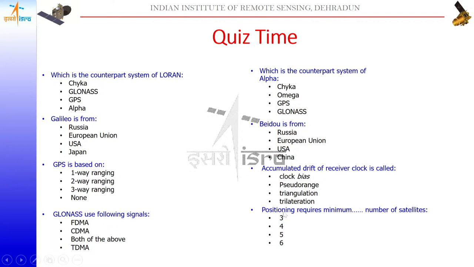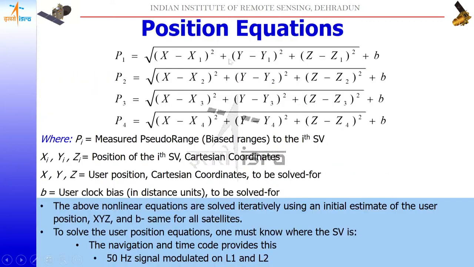Then positioning requires a minimum number of satellites. We need at least 3 satellites, but better positioning would be there if we have more than 3 satellites. Then these are the equations to estimate the position.